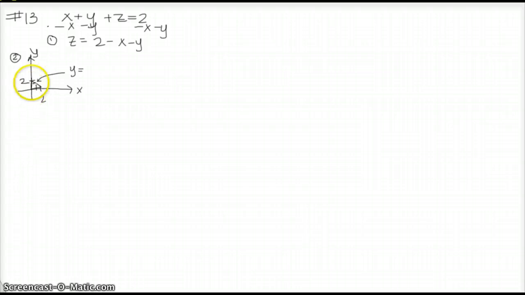So we can see that our y-intercept is 2. And we can see that our slope is down 1 and to the right 1, so we're going to have a negative 1 slope. So right here we just found the equation of this line. And this is going to be the upper y bound, and y equals 0 is our lower y bound, and then these are x bounds.